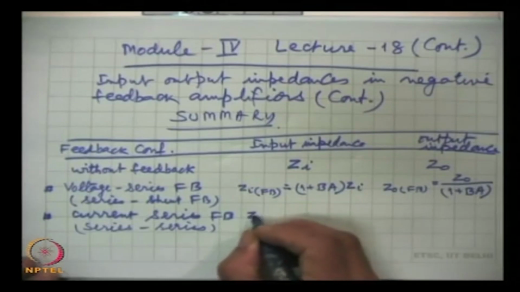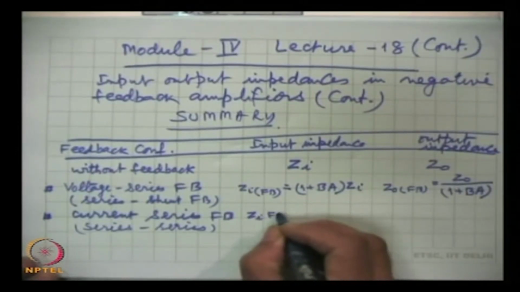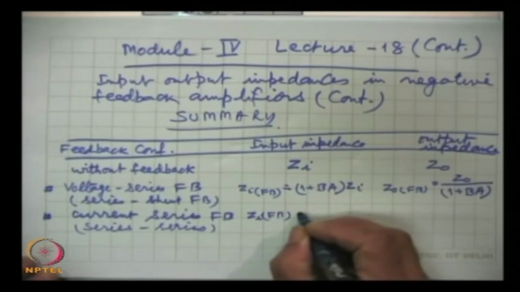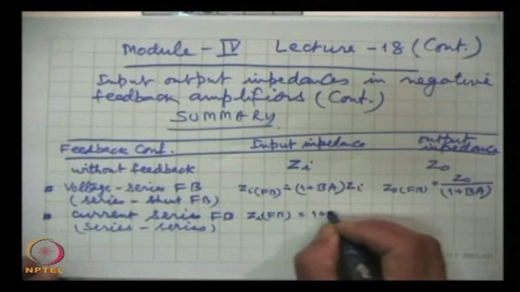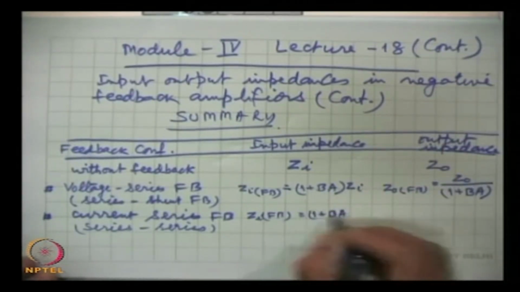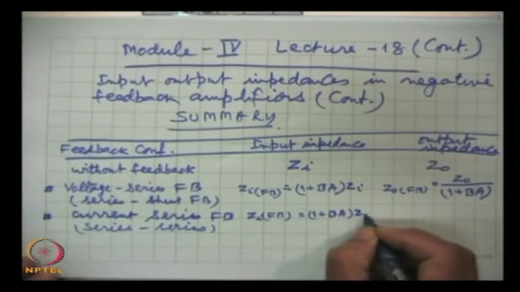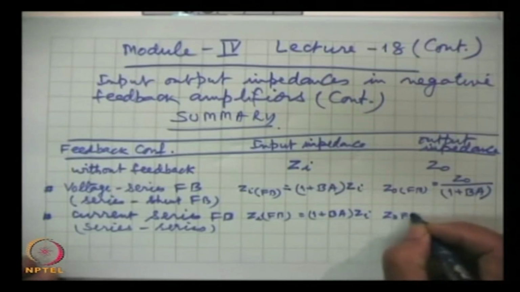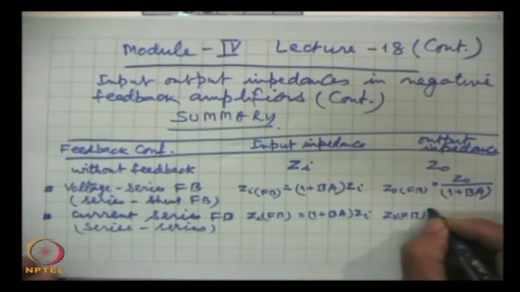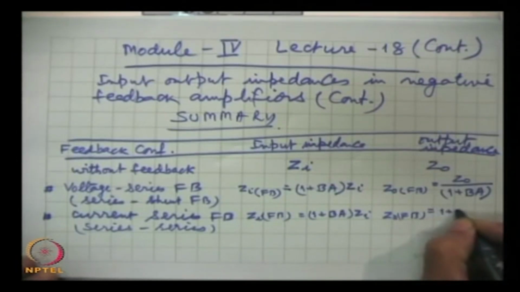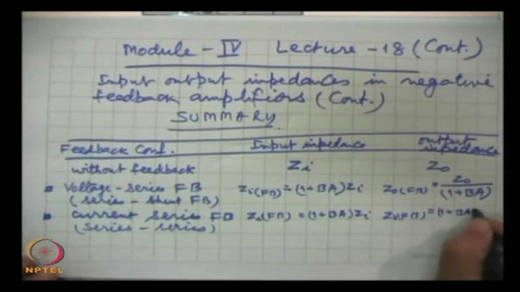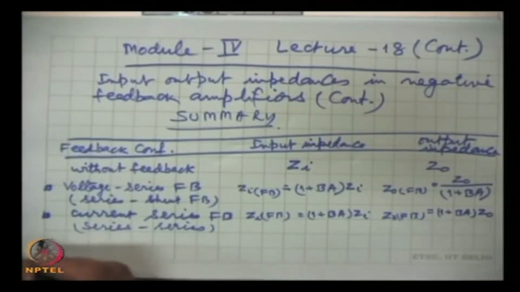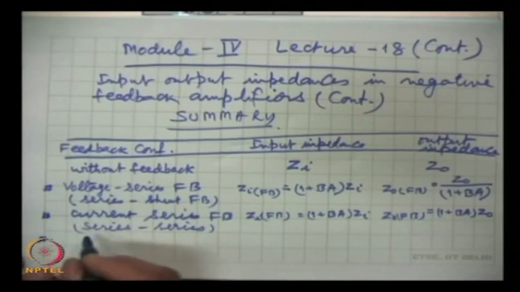So, Z I FB is equal to 1 plus B A into Z I, and Z O FB is 1 plus B A times Z 0. Both are increased.